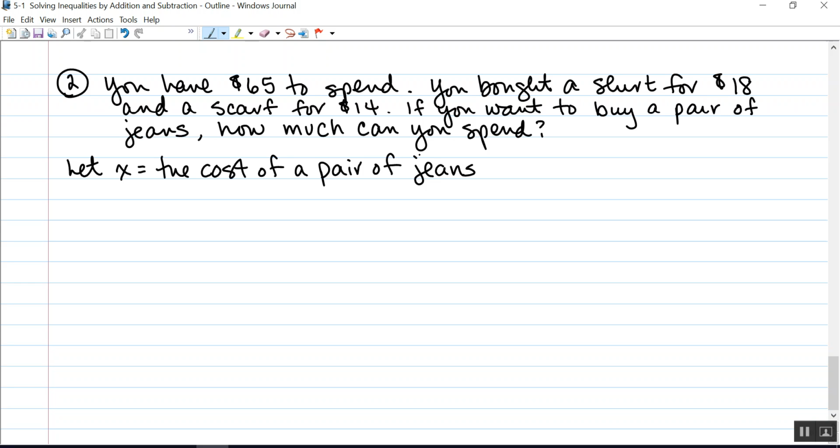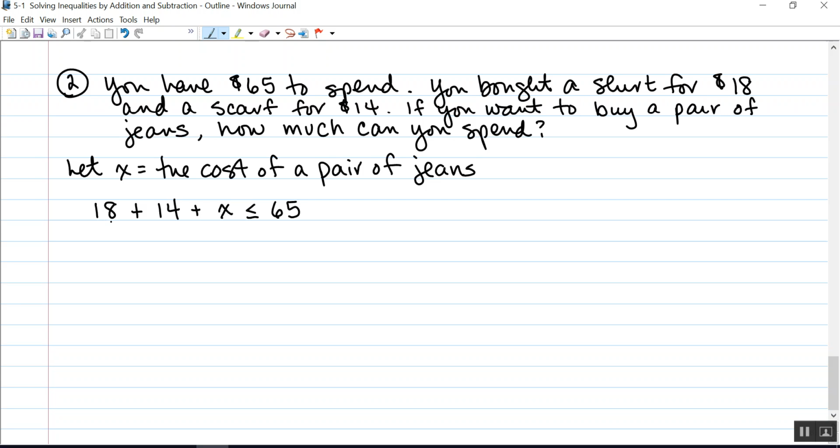Okay, now let's write an inequality. I've spent $18 on a shirt and $14 on a scarf, and I'm going to spend x dollars on jeans, and I have $65, so that has to be less than or equal to $65.